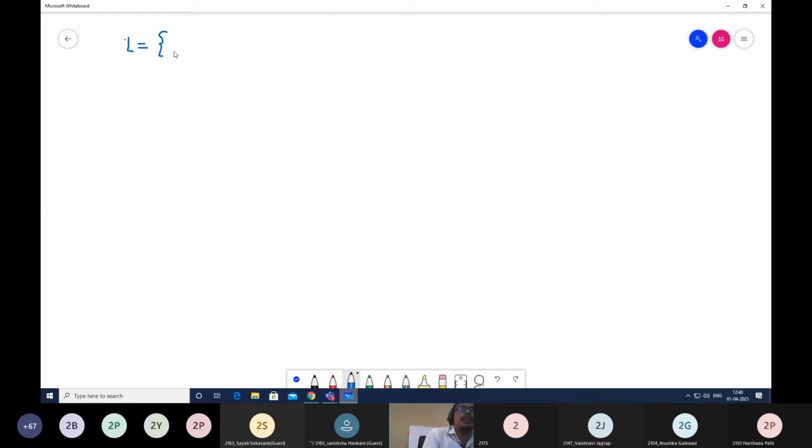So the first part of the problem will remain the same in this question also. What is our question today? a^i b^j c^k, where i is equal to j or i is equal to k. So i is equal to j we have already solved yesterday, right? What will be the strings for i is equal to j? We have seen this yesterday.